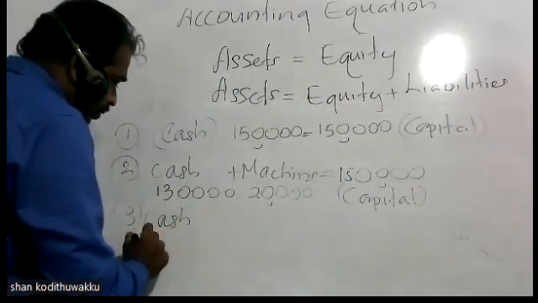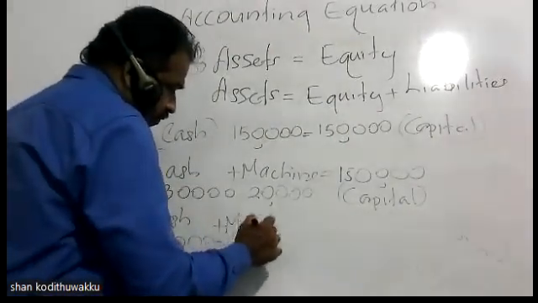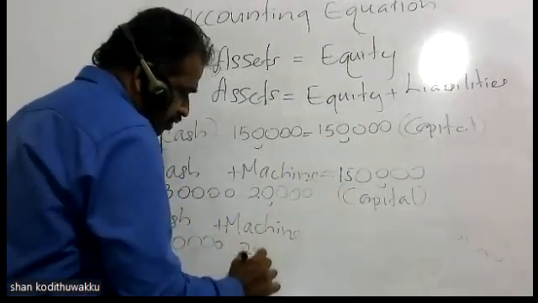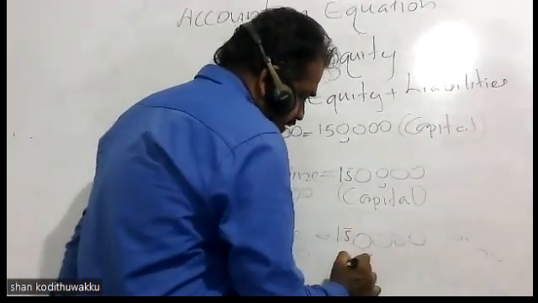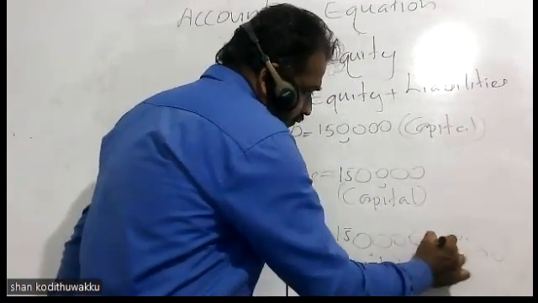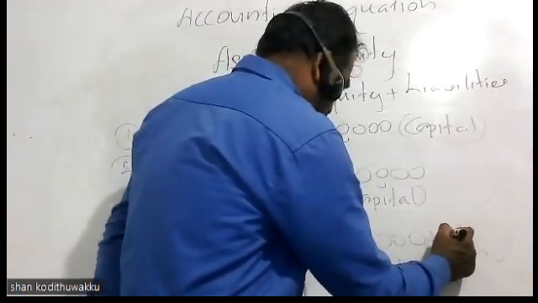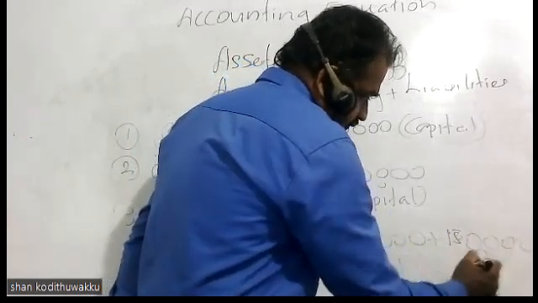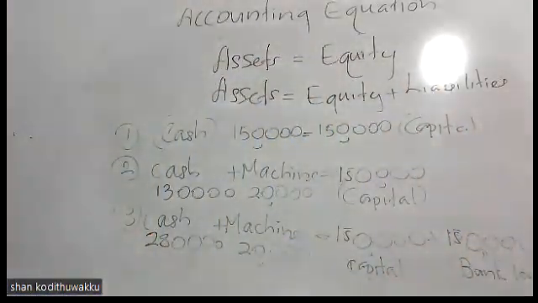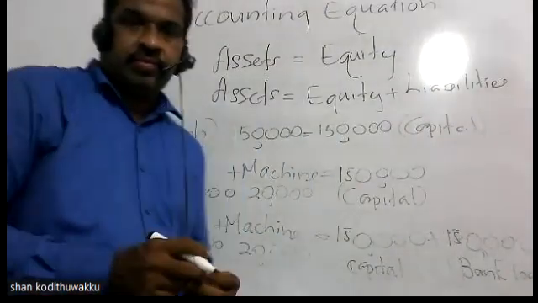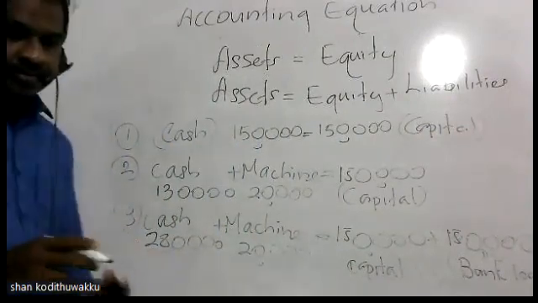Then cash will be 280,000 plus machine 20,000 equal capital 150,000 plus bank loan, a further 150,000. Bank loan comes under liability.